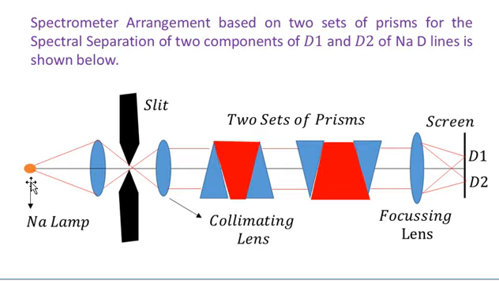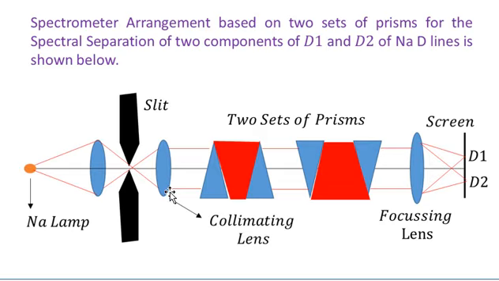For that, we are using two sets of prisms. So you see that the light from the sodium lamp will pass through a slit. The slit provides a point source. A very narrow source is created at the center of the slit, and there is a lens on the right side of the slit, located at a distance equal to the focal length of the lens.